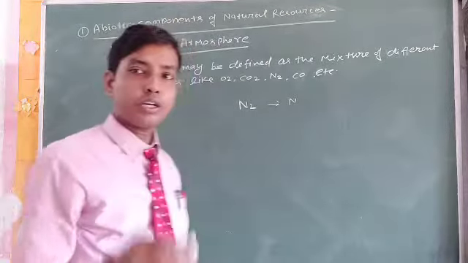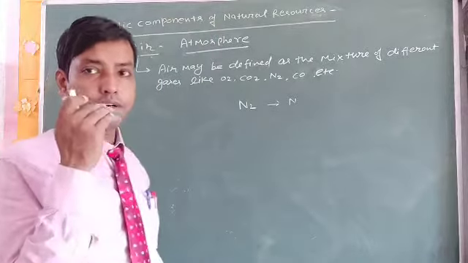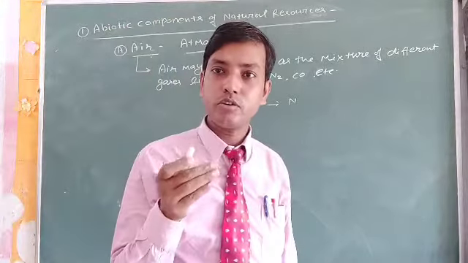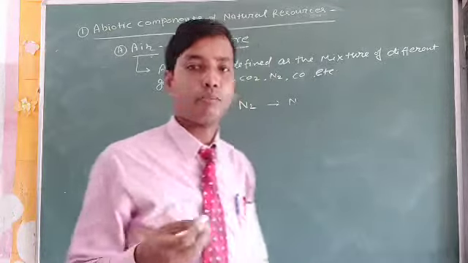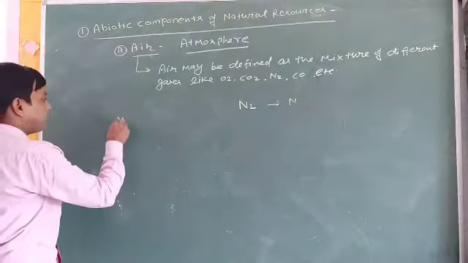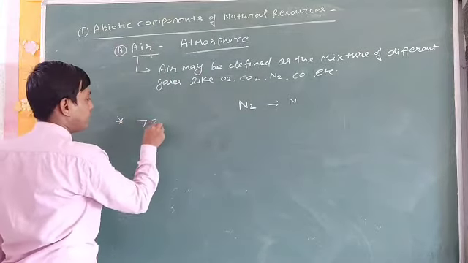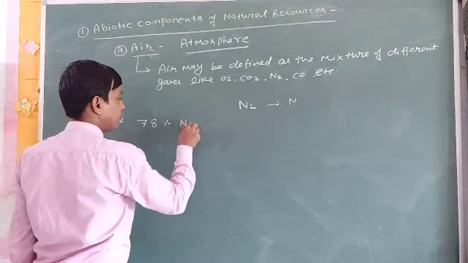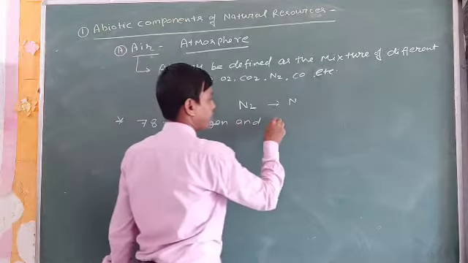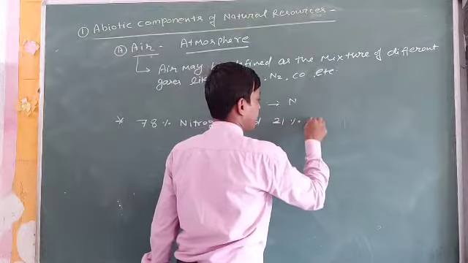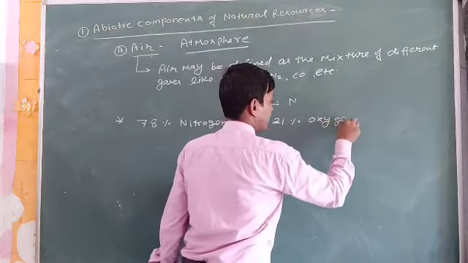Now, what are the key ingredients of our environment, the major gases that form the mixture? Actually, Earth's environment has 78% nitrogen and 21% oxygen.